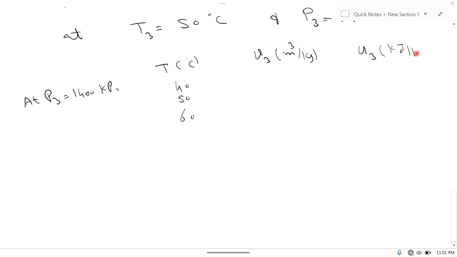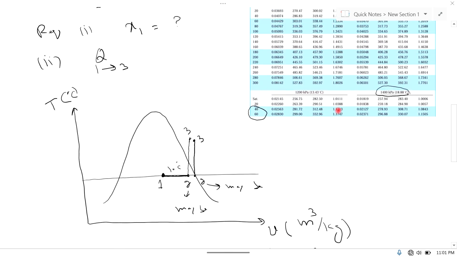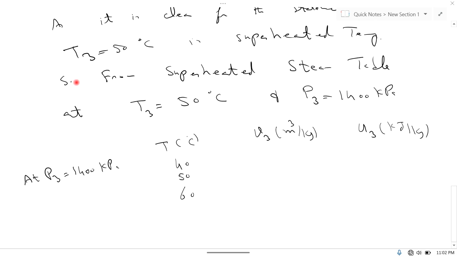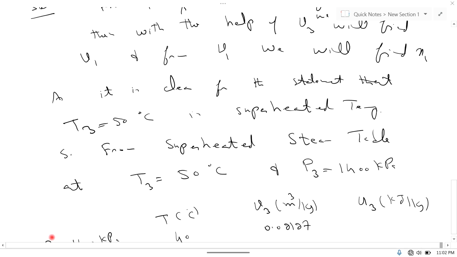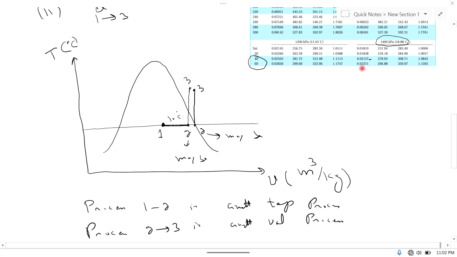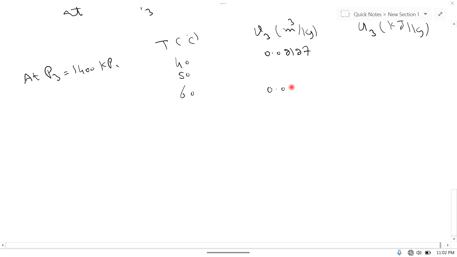So in front of 40 degrees centigrade, below 1400 kilopascal, volume is 0.02127, and in front of 60 degrees centigrade, volume is 0.02371, and here we have to find V3.